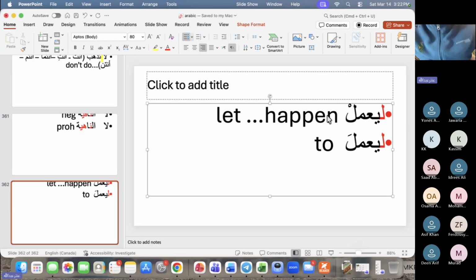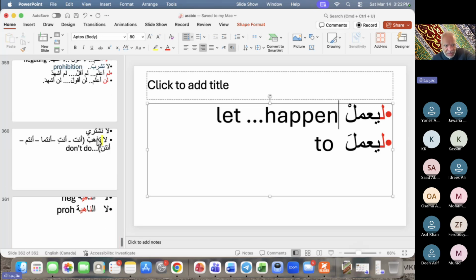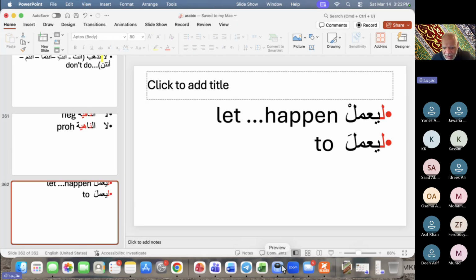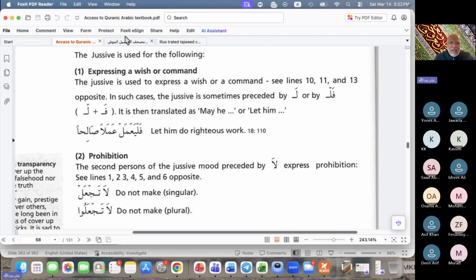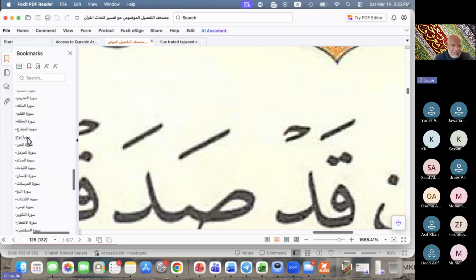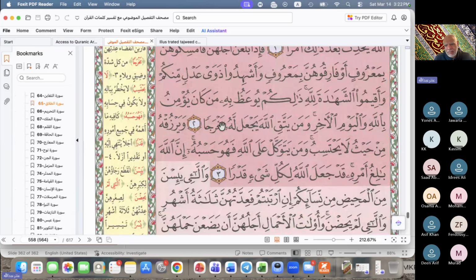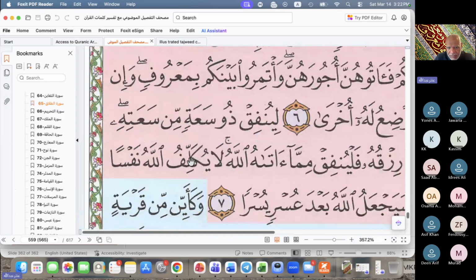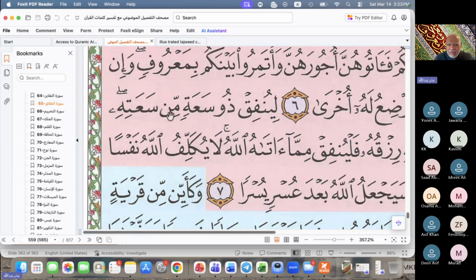One example we have seen before, I'm sorry. This is the example that I started to talk about, which is لينفق. So at the end of Surah Al-Tahrim, or maybe Surah Al-Talaq, لينفق ذو سعة من سعته.